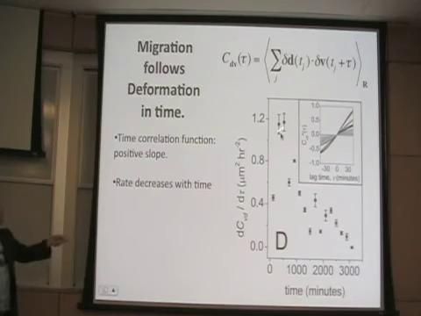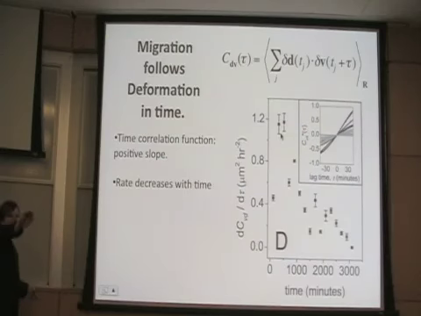What we find is that basically the most important thing is that this correlation function across the zero lag time point, the slope is positive, which means that velocity fluctuations are always lagging behind deformation fluctuations. So you have a deformation fluctuation at some point, and it's sometime later that the velocity vector catches up with it.